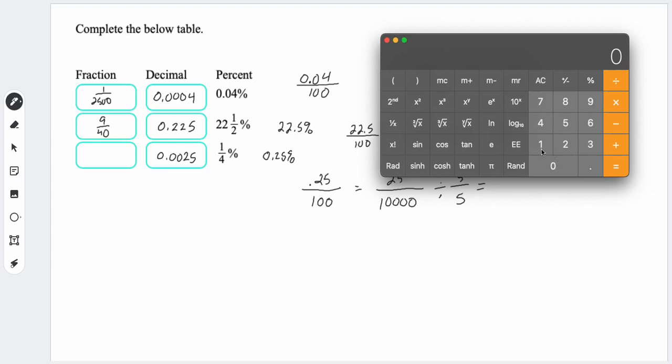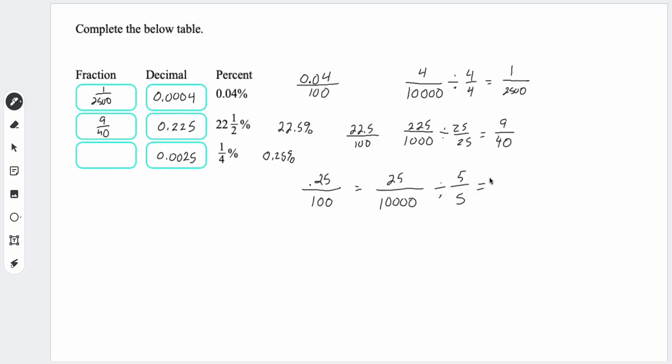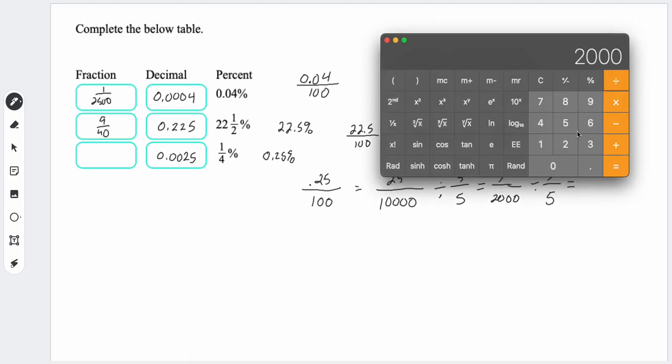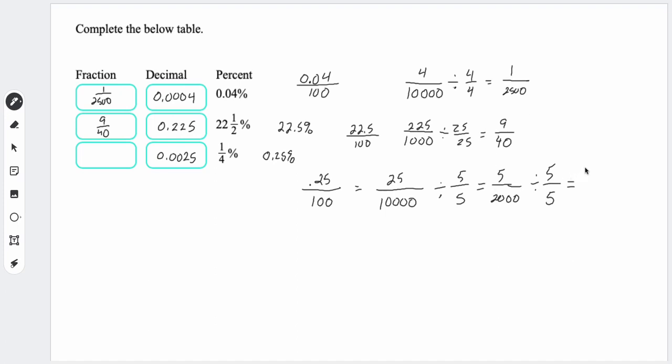And 10,000 divided by 5 is 2,000. So that's going to be 5 over 2,000. I'm pretty sure I can divide that by 5 again. So I'm going to reduce it one more time. You just keep reducing until you can't reduce anymore. So 2,000 divided by 5 is 400. And 5 divided by 5 is 1, so 1 over 400. So that would be the fraction here.